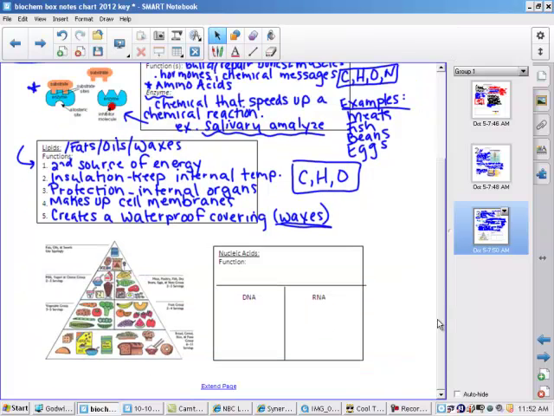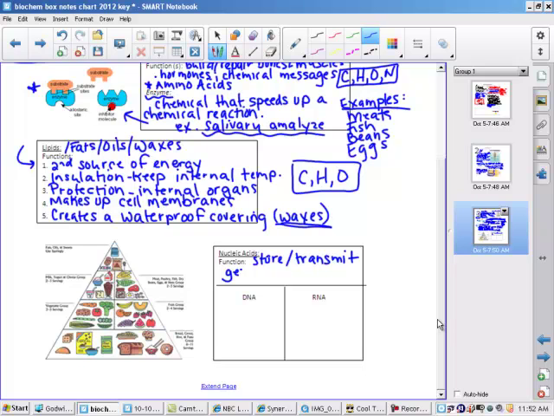The very last one we're going to look at today, the fourth organic compound that we need, is something called nucleic acids. Nucleic acids are organic compounds that function in storing and transmitting genetic information.